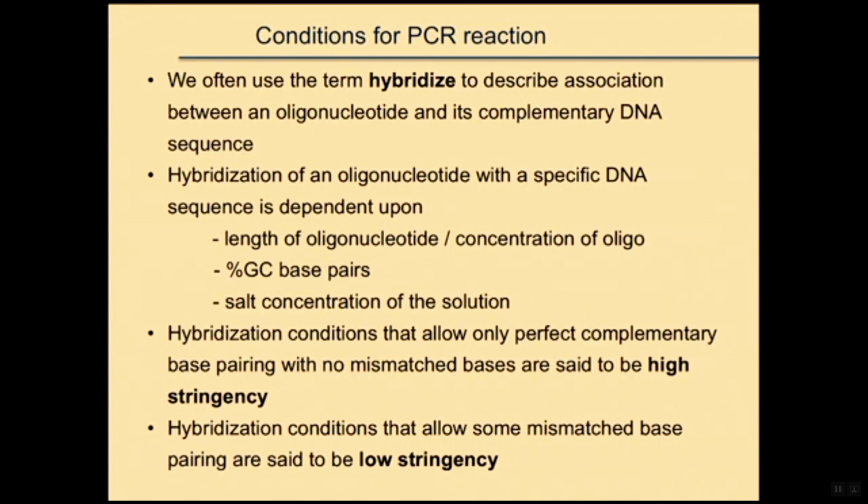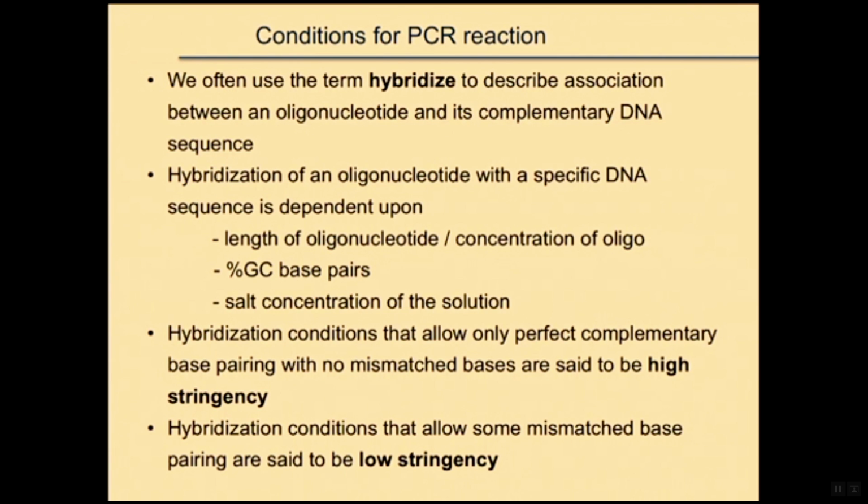So the binding of the oligo to the DNA is specific to the GC content of the piece of DNA that you're trying to amplify up, and also the length of the oligonucleotide and the salt in the solution.